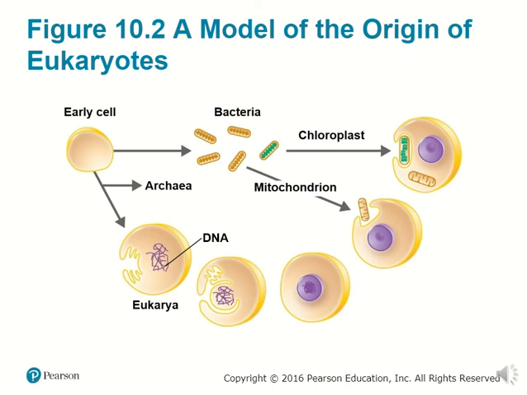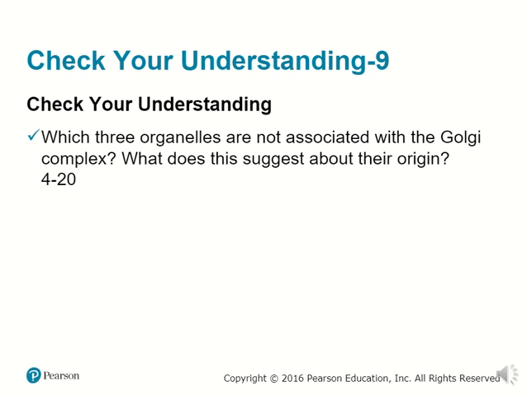Essentially, an early cell engulfed other types of cells that were much smaller, and the DNA eventually evolved over time and gained its own envelope, which is where we have eukaryotic cells. And then eventually those eukaryotic cells began to engulf other smaller cells to form what are now chloroplasts in plants and mitochondria in all eukaryotic cells.